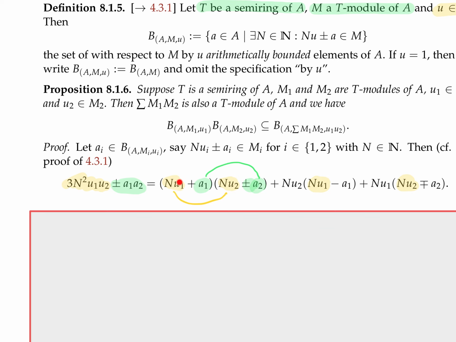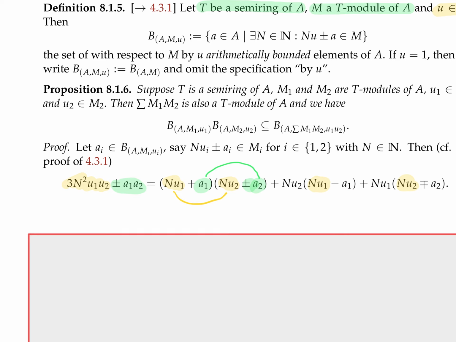So I get n u1 plus or minus a2. But this is neutralized by n u1 minus or plus a2, right? And I also get the other mixed term here, a1 and u2. But that is subtracted again here, n u2 minus a1. So that shows this equality here.